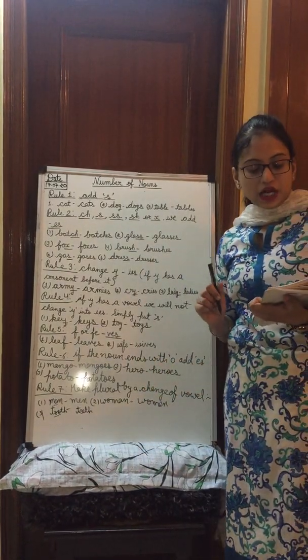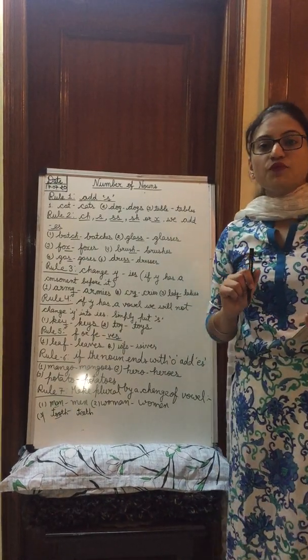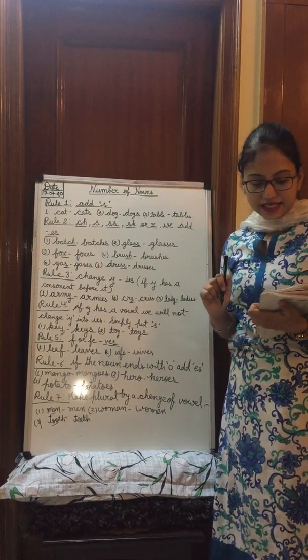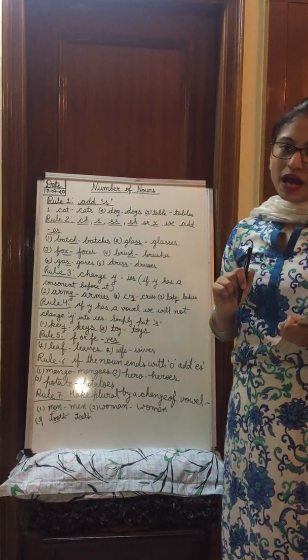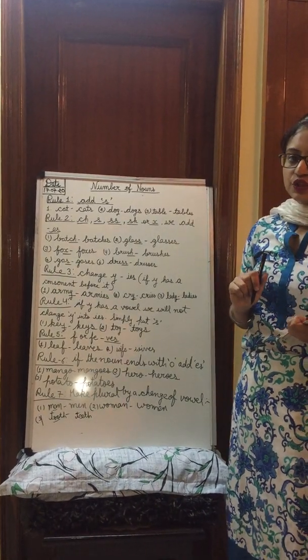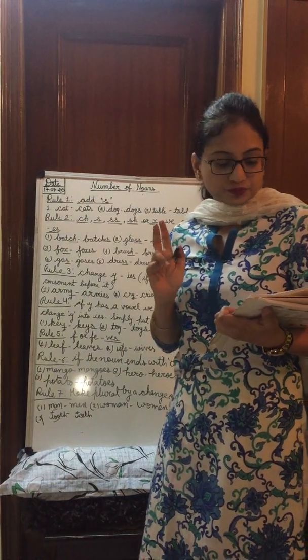Some more examples are goose, geese. Children, goose is a water bird. So the plural of goose is geese. Mouse, mice. Foot, feet. Foot means 1, feet means 2.